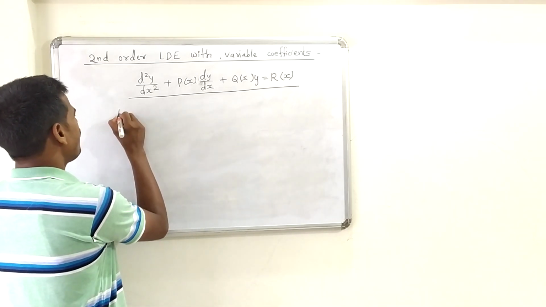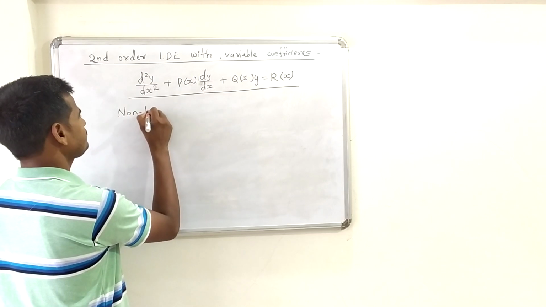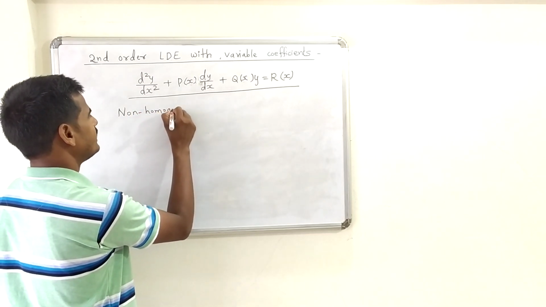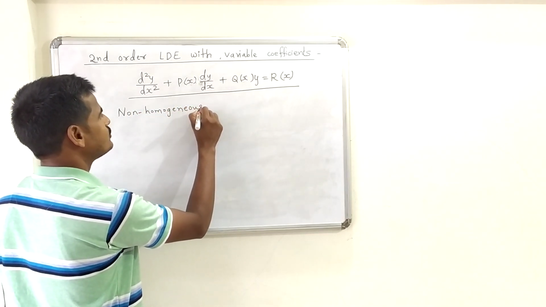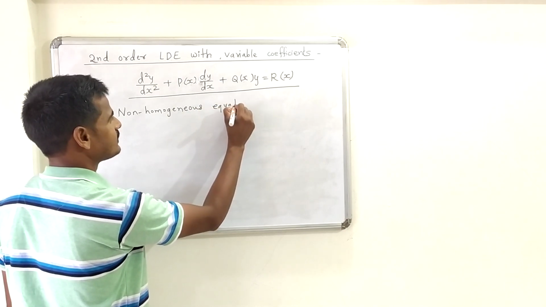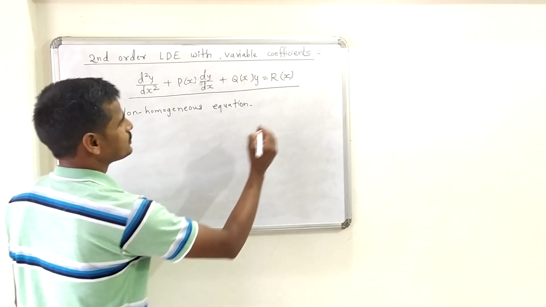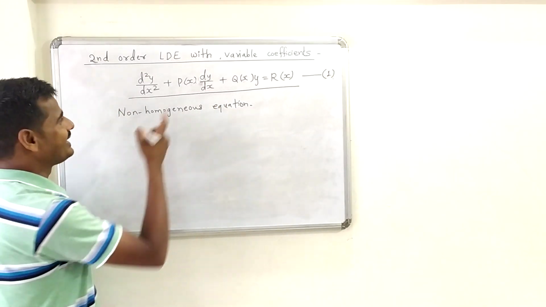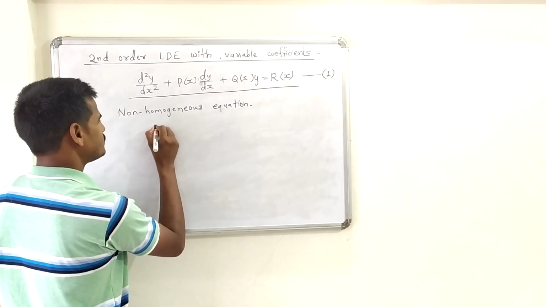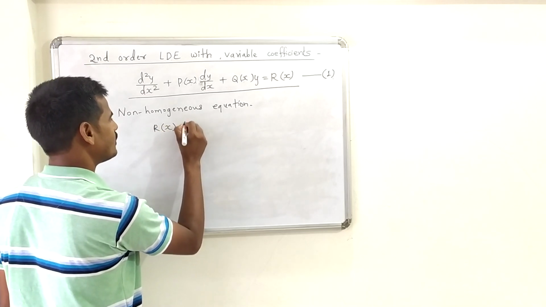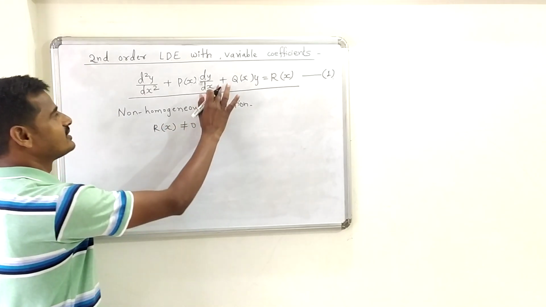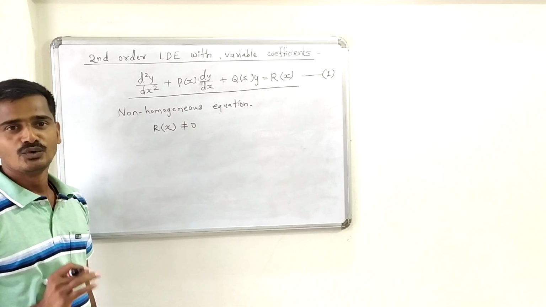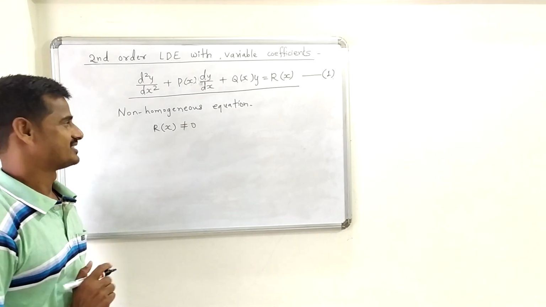Now I define non-homogeneous equation. I call this the first equation. If the function on the right hand side, r of x, is non-zero, then this differential equation is called a non-homogeneous equation.